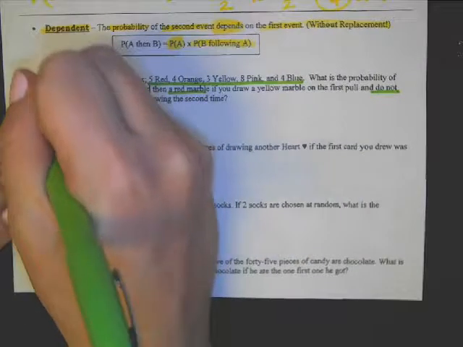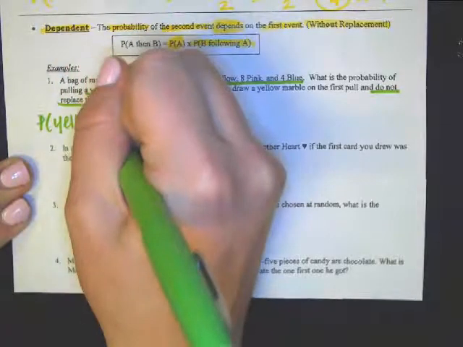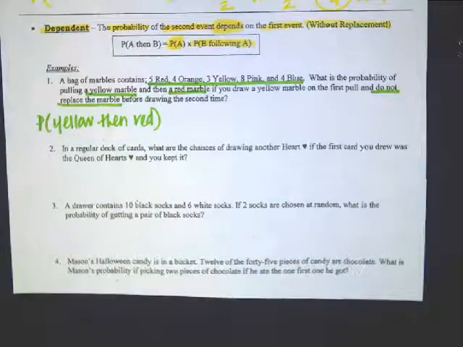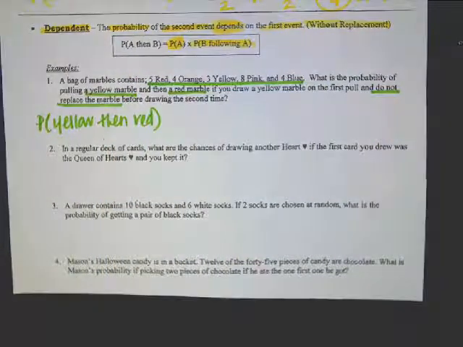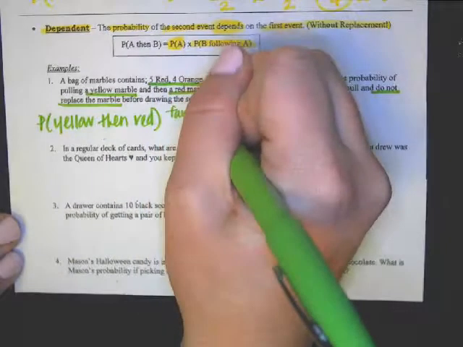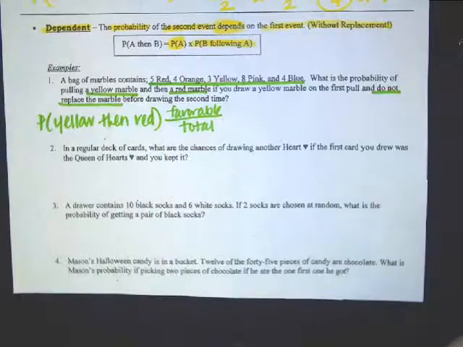We're going to try to find the probability of yellow and then red. Remember, whenever we set up our probability, we're going to try to find what is favorable out of the total. So let's take a look.